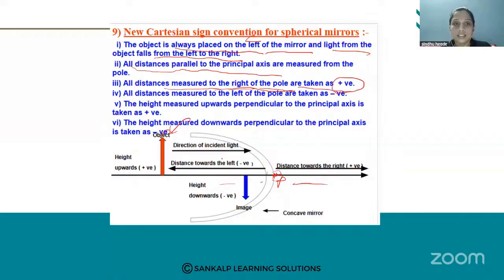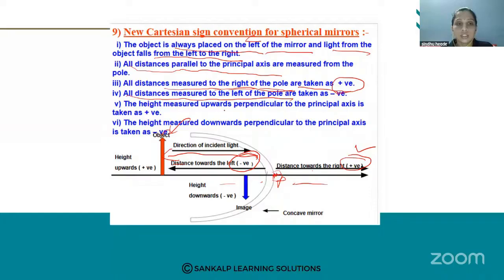All distances measured to the right of the pole are taken as positive. See this distance towards the right, it is considered positive. Next, all distances measured to the left of the pole, this is the left side of the pole, are taken as negative. See this distance towards the left, this is taken as negative.